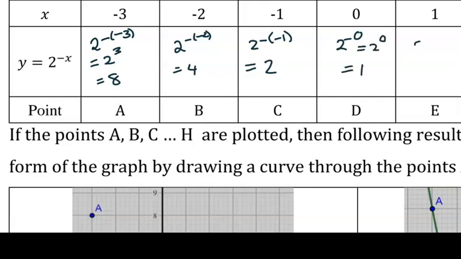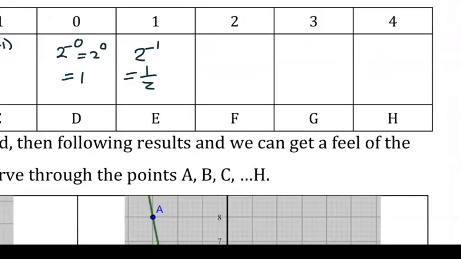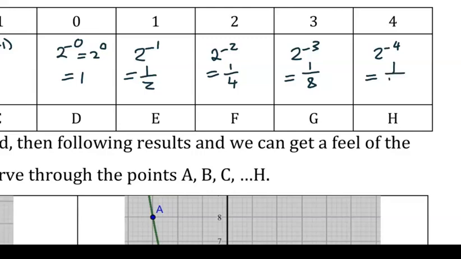Then here we have 2 to the minus 1, that will give me a half. And here I have 2 to the minus 2, that is equal to a quarter. 2 to the minus 3, which is equal to 1 over 8. And 2 to the minus 4, which is equal to 1 over 16.